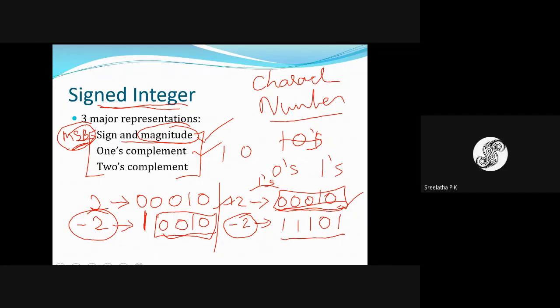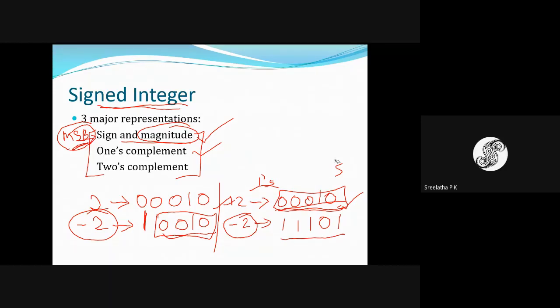Now suppose I want to store 5 in the one's complement system. What is the binary digit for 5? Observe this, I'm using 5 bits to represent all the numbers.